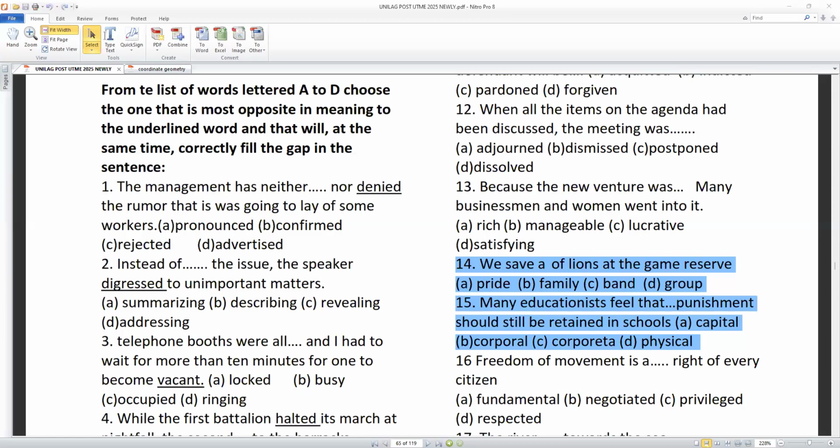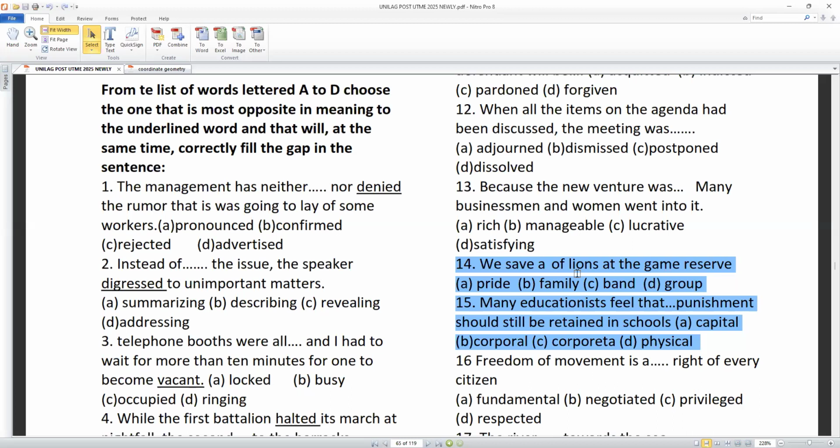To me, the question is somehow confusing. There's no dash there. I am thinking it's supposed to be a pride of lions.